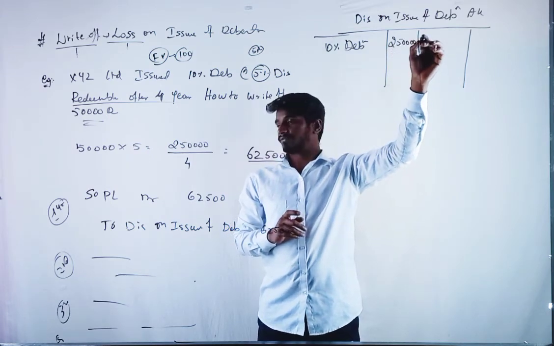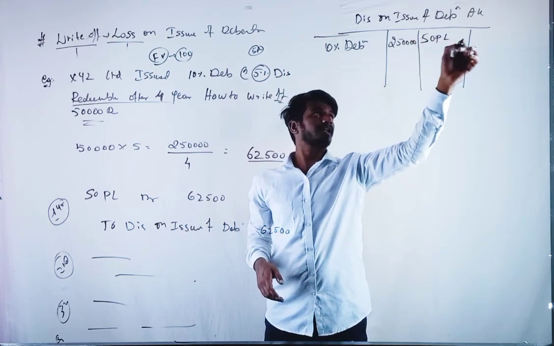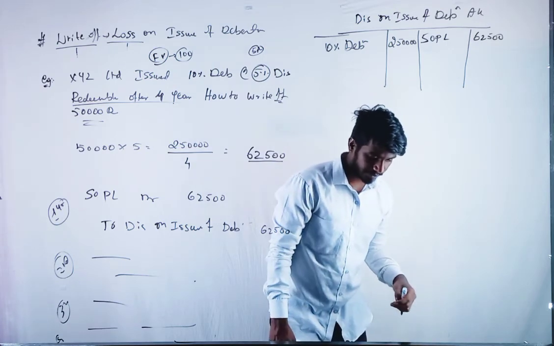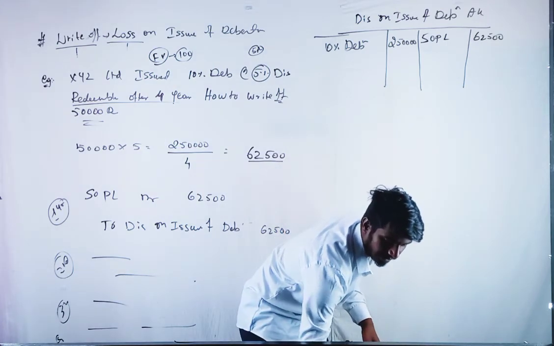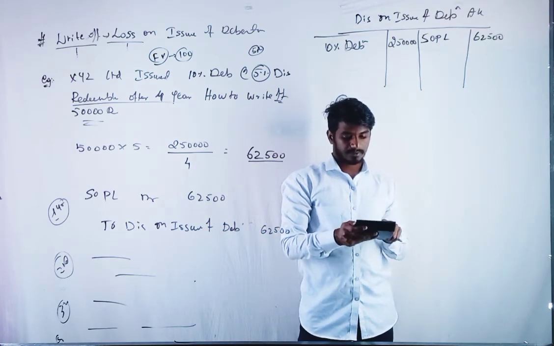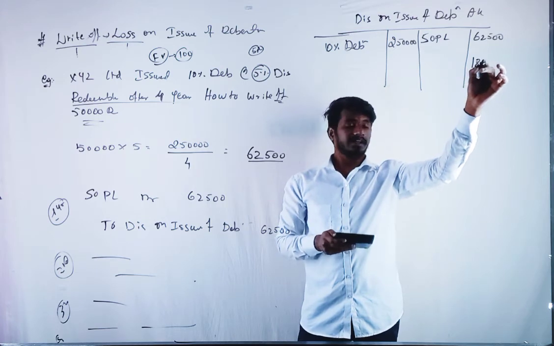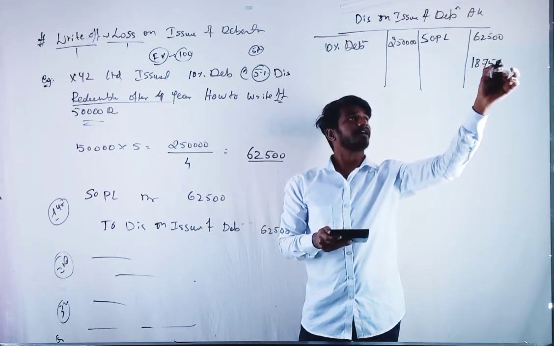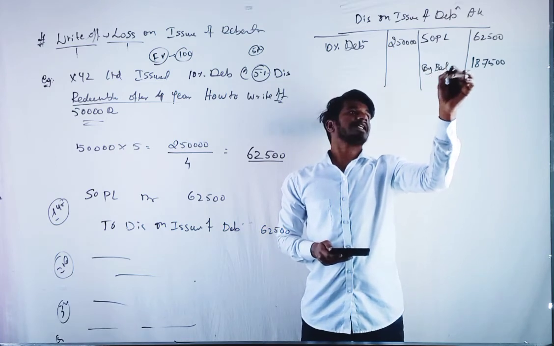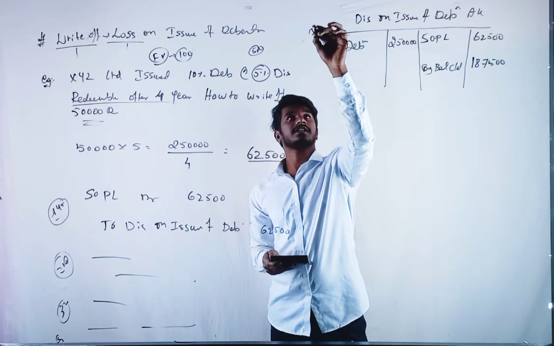And we'll transfer to SOPL, statement of P&L account, 62,500. How much will be the balance? 2 lakh 50,000 minus 62,500, remaining 1 lakh 87,500 by balance carried down. And this is for the first year.